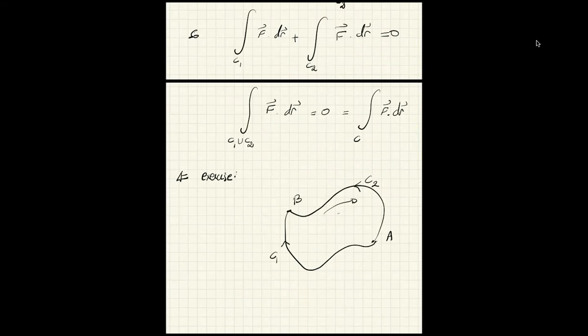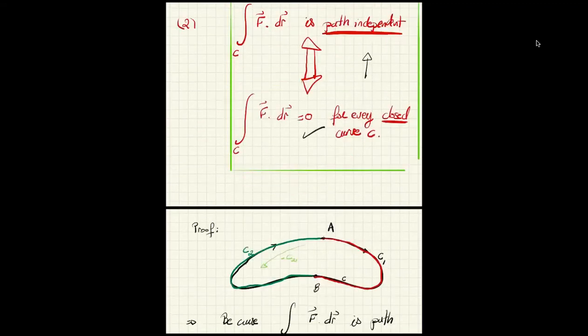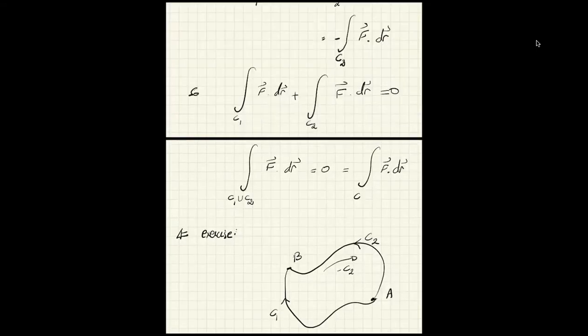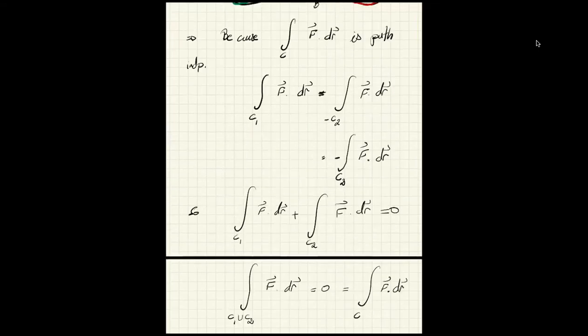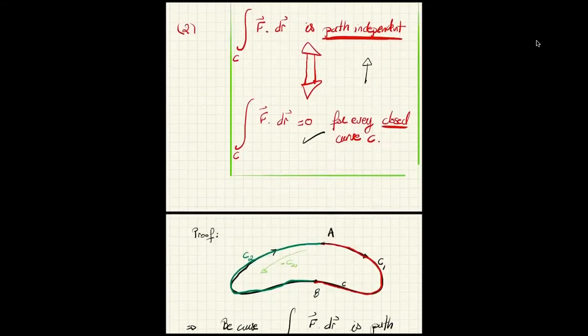You consider minus C2 and use the fact that going along C1 and minus C2 gives 0, because you're supposing that this is true and you want to prove this. It's the same argument, just the other way. So this is another formulation of the definition of path independent.